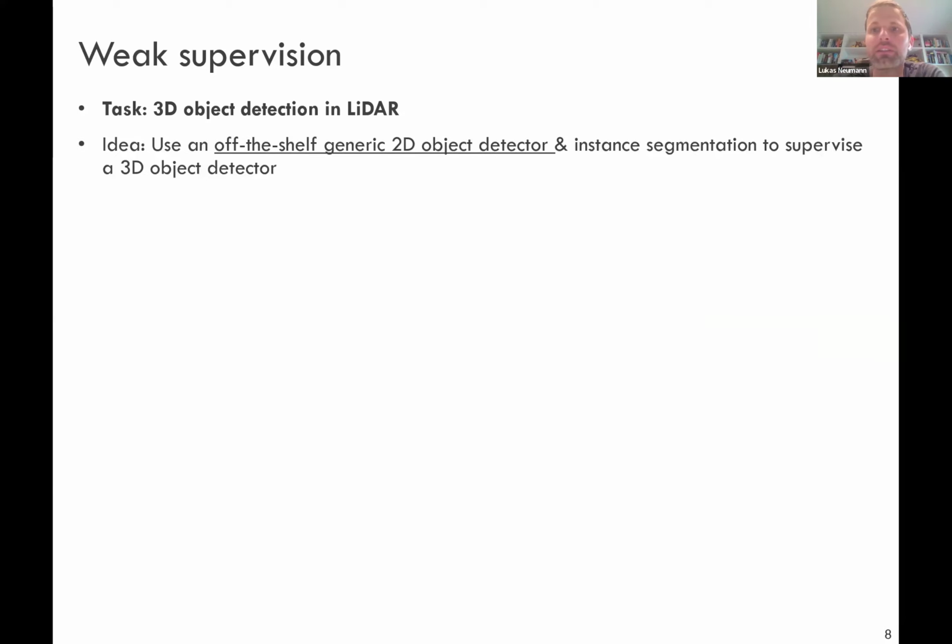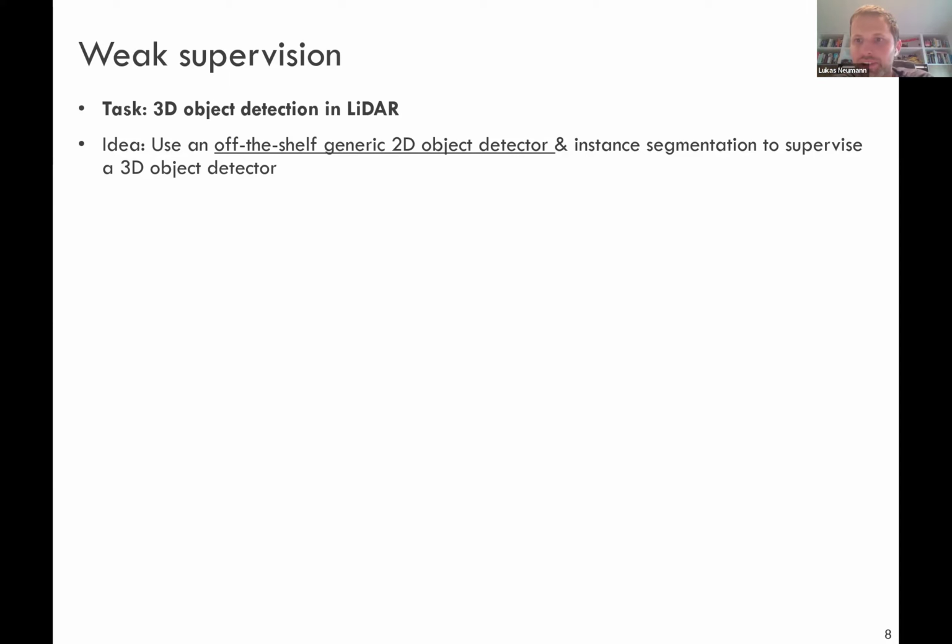So the idea of our method is to use a consistency between camera and LiDAR, because typically in a car you have multiple sensors. You have a camera that looks forward and maybe some other places, and then you have the LiDAR.